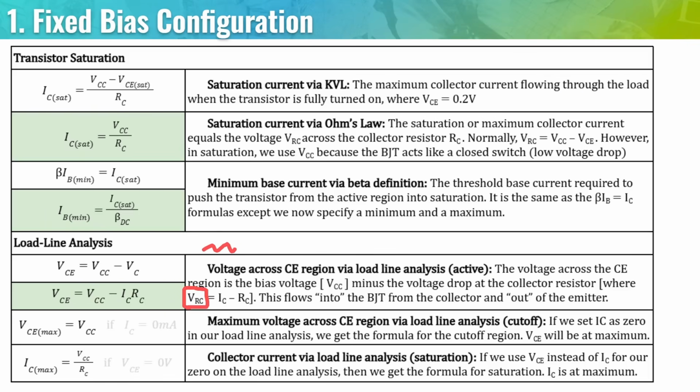VRC is the voltage across the collector resistor, and sometimes VC is a point after the resistor. In the case of fixed bias, they're equal because VE is equal to 0. But know that in other configurations, that's not always the case.